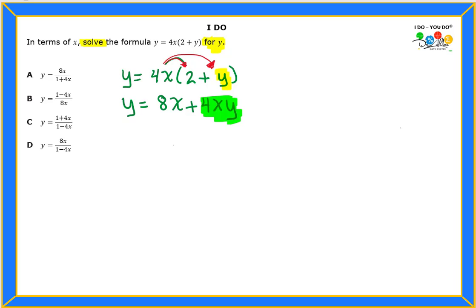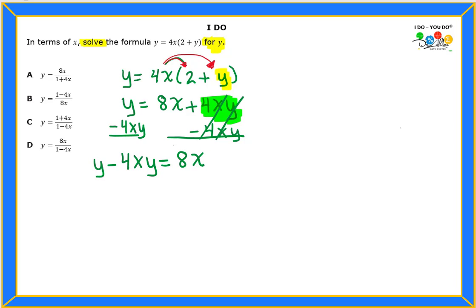So I am going to subtract 4xy on both sides. I like writing a little line just to show me that that's the step that I did. On the right, my 4xy cancels out. On the left, I'm going to have y minus 4xy equals 8x. Okay? So, are we good so far?